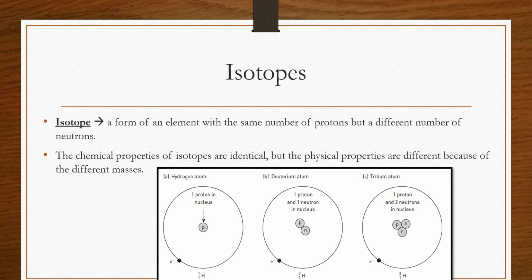So all three of these are isotopes of hydrogen. You have hydrogen, just standard, deuterium with the extra neutron, then you have tritium, I assume is how you say that, which has the 2 extra neutrons. They would react the same. If you put them through a chemical reaction, regardless of the number of neutrons, it's going to react the same.